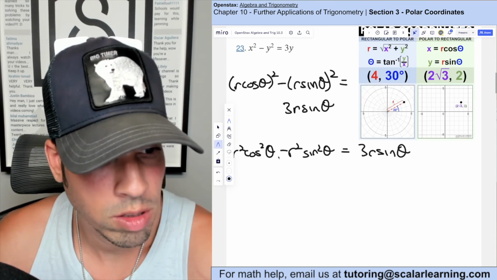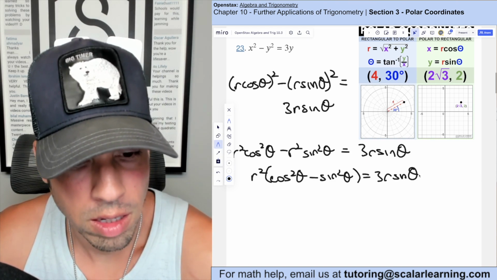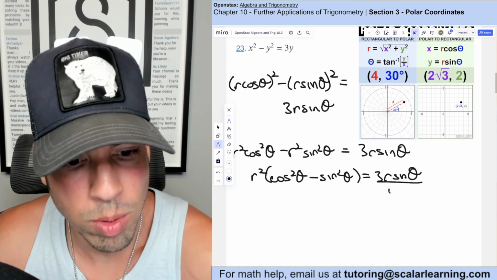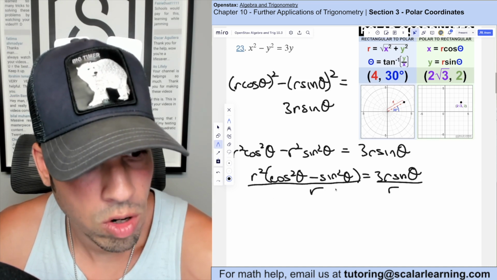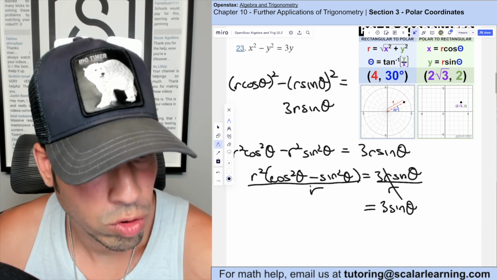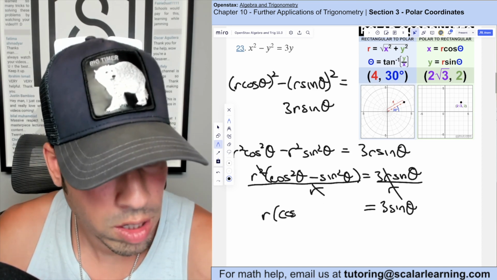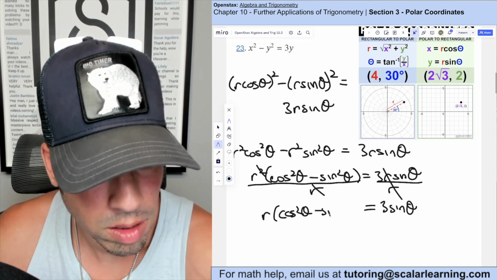Now what I'm going to do here is factor out the r squared equal to 3r sine theta. Then I am going to divide both sides by r like so, and that's going to cancel that out. Then we have 3 sine theta equal to, this r is going to cancel out with one of those r's, so now we have r cosine squared theta minus sine squared theta.